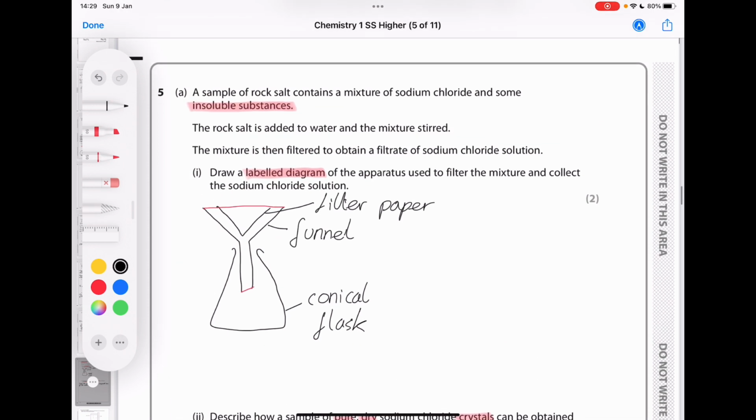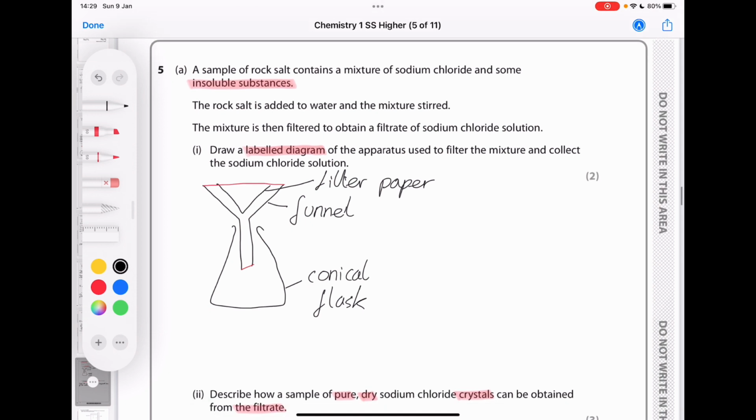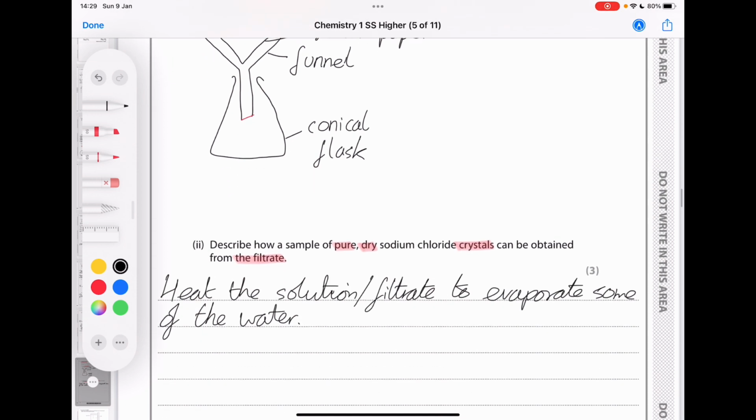Because we've been told that we've dissolved the rock salt in water, we need to get rid of some of this water. And important point here, we've been asked for crystals. If we'd just been asked for dry sodium chloride, this could be heated to dryness straight away. But to form crystals, the crystals need time to form in the liquid.